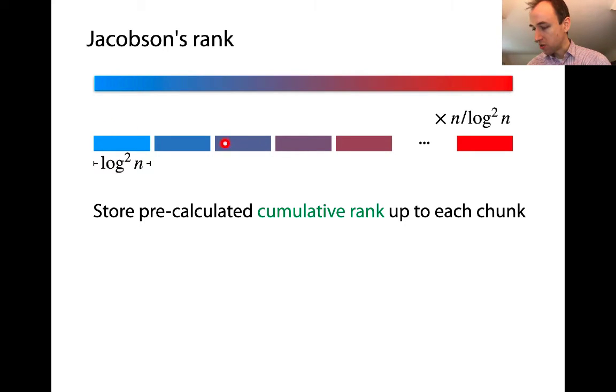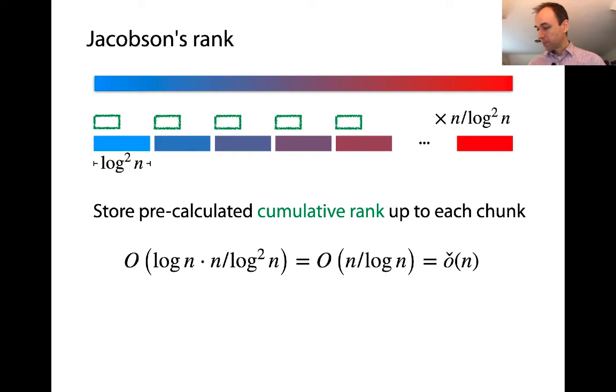And for this chunk, it will be the number of ones in both these chunks, and so on. So let's say we store this, okay? These little green rectangles show you that for each of the chunks we're now storing a number, the pre-calculated cumulative rank up to that chunk.